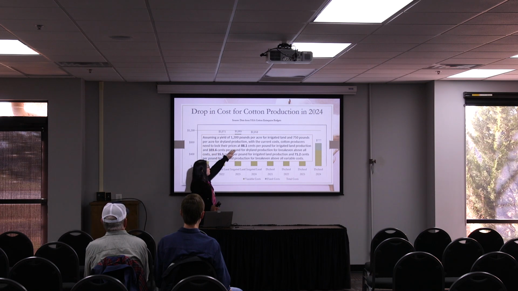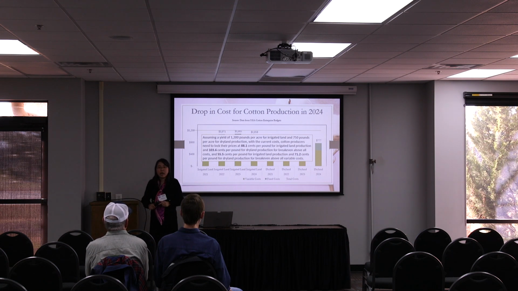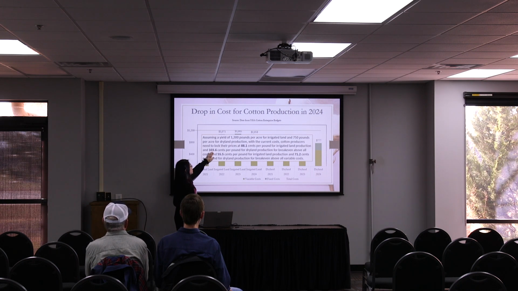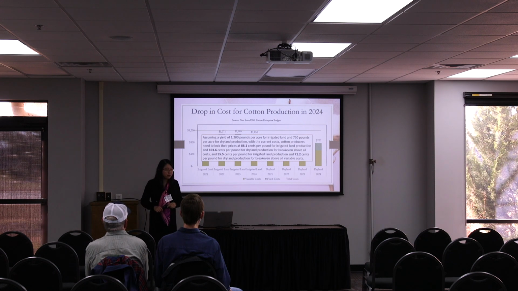If they want to break even for total costs, including variable costs and fixed costs, producers need to lock in their cotton for irrigated land at 88.1 cents per pound. And for dry land, at 750 pounds per acre, they need to lock in over $1.03 per pound for break even.